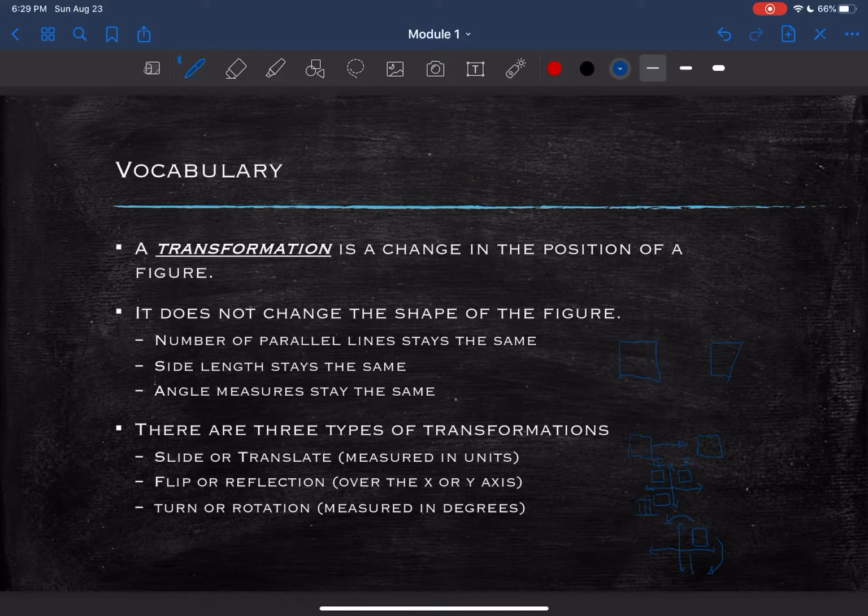And 90 degrees would talk about a rotation of one quadrant. So that's all the vocabulary we're going to have to go over. We have transformations, a change in the position of a figure, and there's 3 transformations we could be talking about: a translation, a reflection, or a rotation.